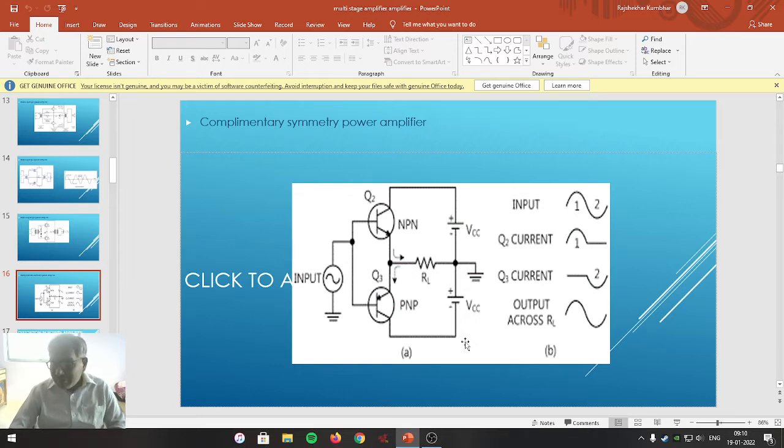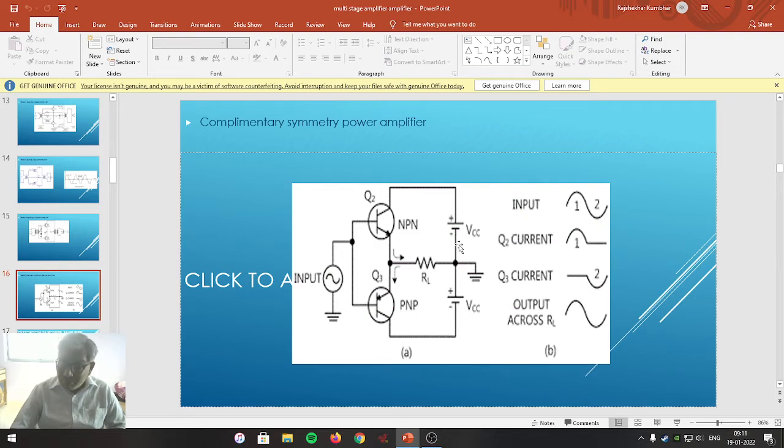The input transformer is used to provide a 180-degree out of phase input signal to drive the base of both the transistors. At the output it makes use of another transformer, known as the output transformer, that is used to deliver the maximum power to the load so as to drive that particular load.